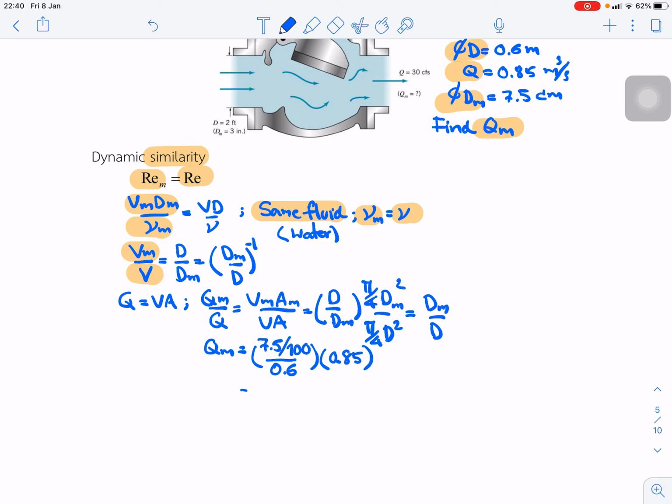So we get for the model 0.106 cubic meters per second.